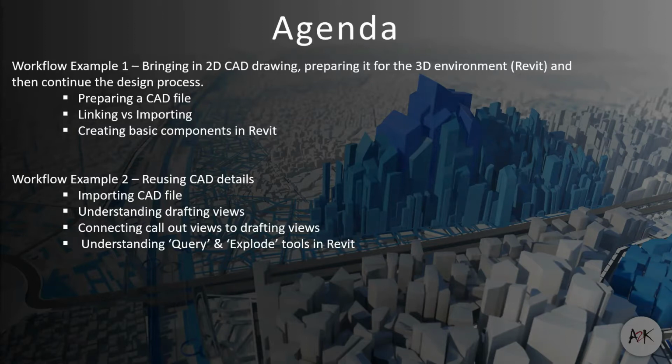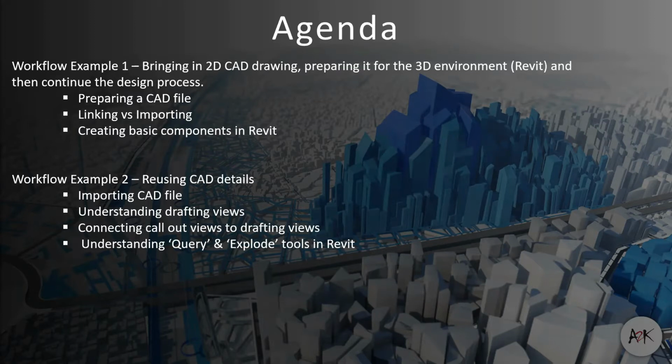The key points that I hope you'll take away from this workflow example are how to prepare the CAD file, the concept of linking versus importing, and a little bit of basic Revit modeling, as well as view templates.